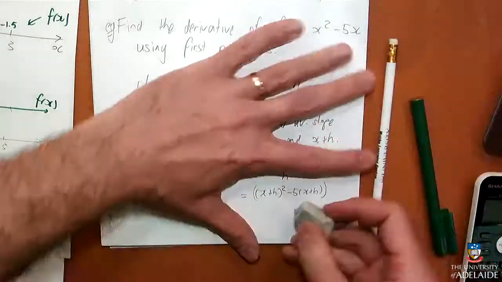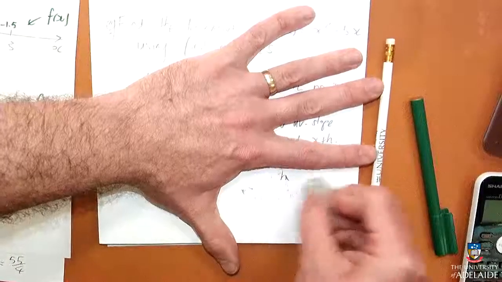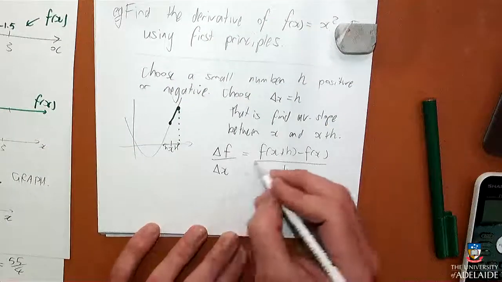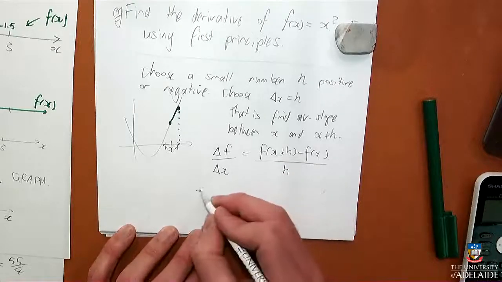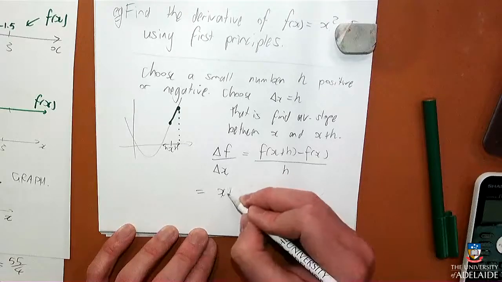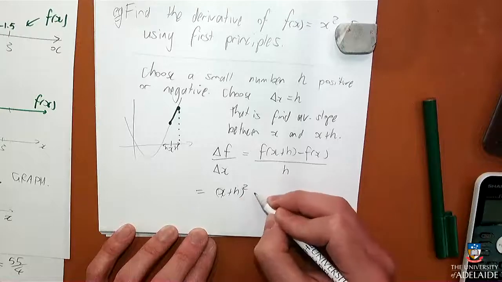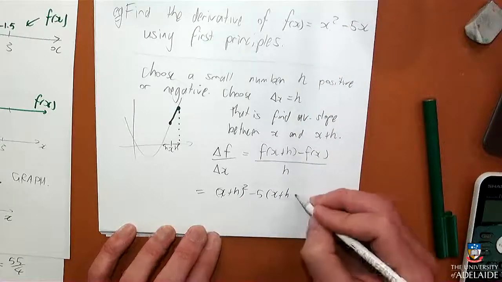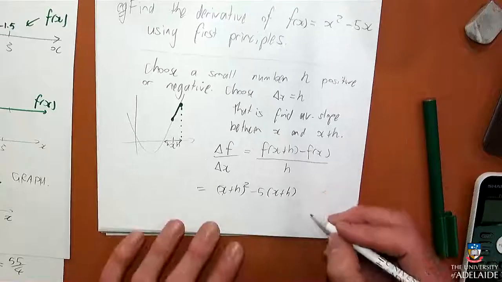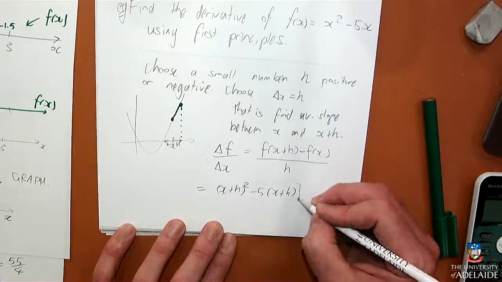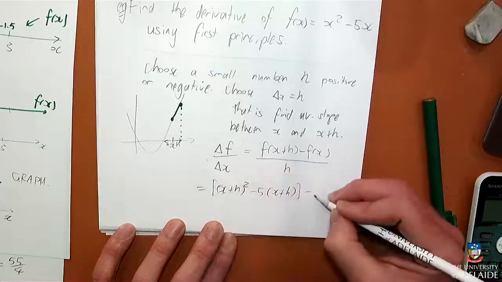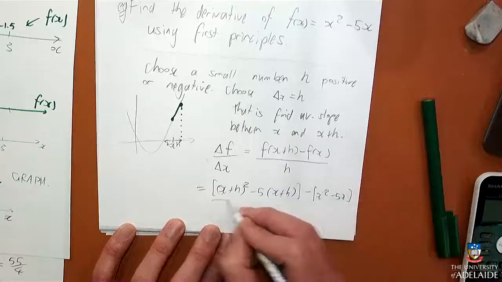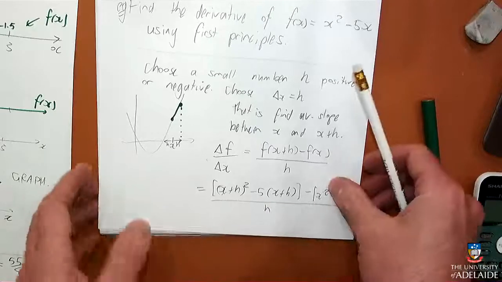Need a bit more space than that, eh? Just come back here. x plus h squared minus 5 of x plus h, minus x squared minus 5x, all divided by h.